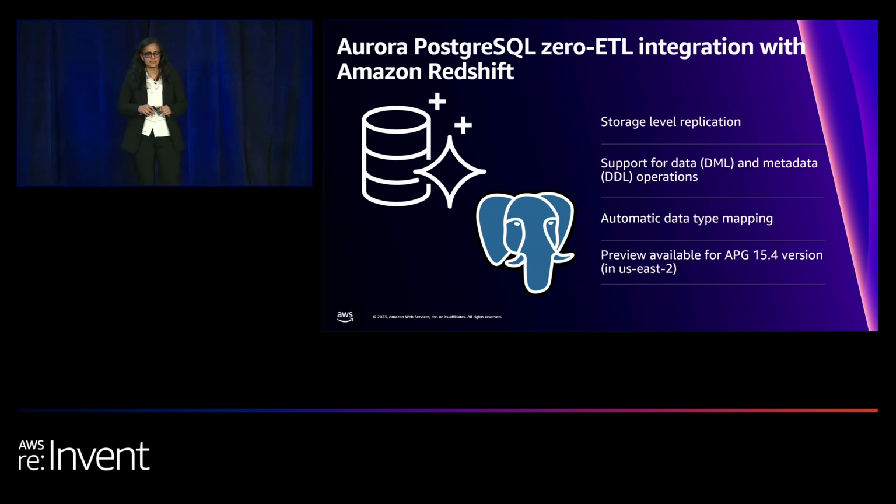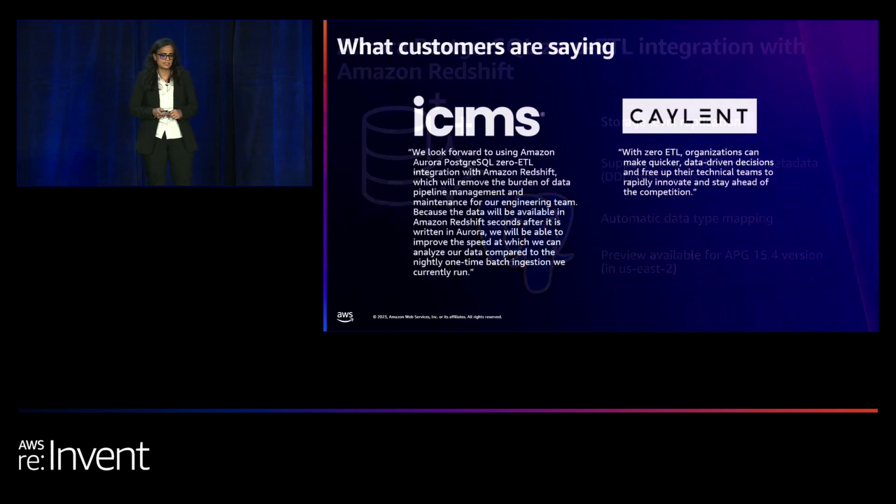So both data and metadata operations are supported. We automatically map the data types. So all the standard things that you would expect in a replication capability are all there, taken care of. We have the preview available in APG 15.4 version onwards. We have it available in US East 2 to start with, so you can try it out there.